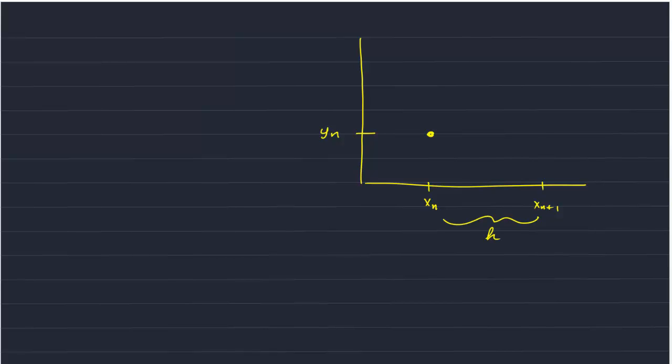We know what our slope is at that point: the slope is f at x sub n, y sub n. Again, the idea was to estimate the slope at the midpoint as the mean of this slope and the slope at the endpoint, but we don't know the endpoint, so we're going to estimate where the endpoint is by projecting along this slope to x sub n plus 1.